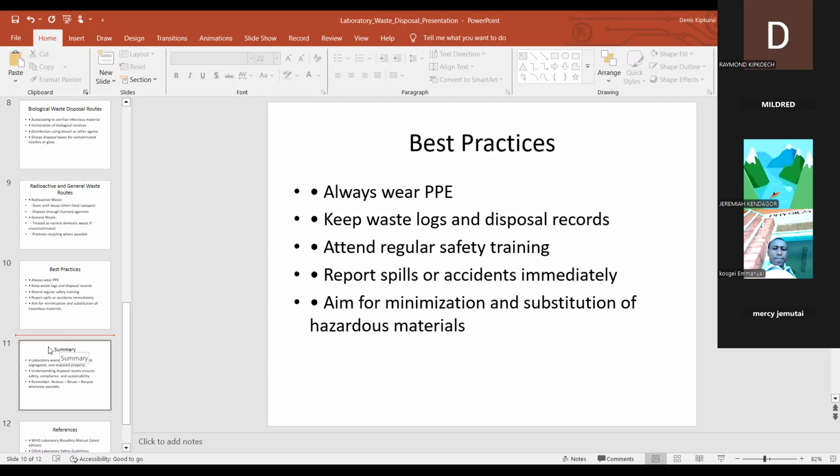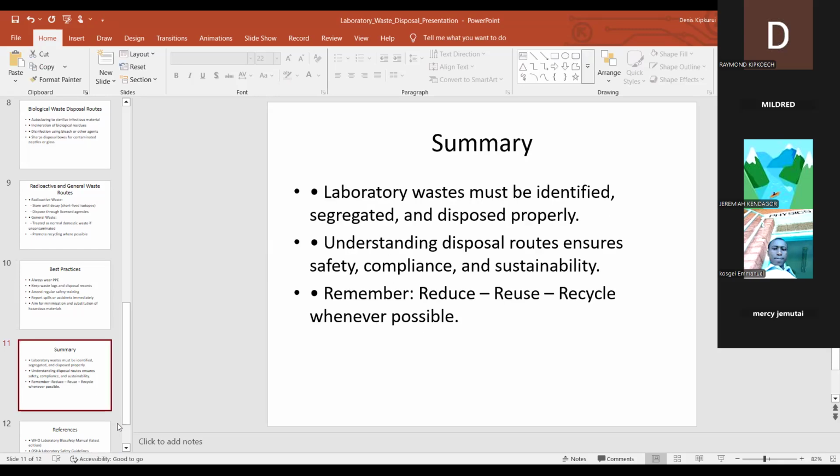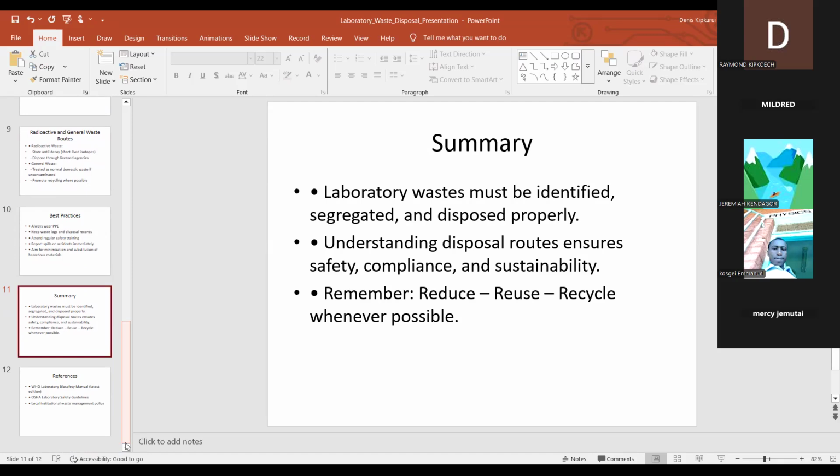Before we end this lesson, I'm going to give you a takeaway assignment that you can submit before our next session, which will be next week. I'm going to share a link where you're going to submit the assignment. The assignment is: discuss 10 importances of proper waste disposal in the laboratory.